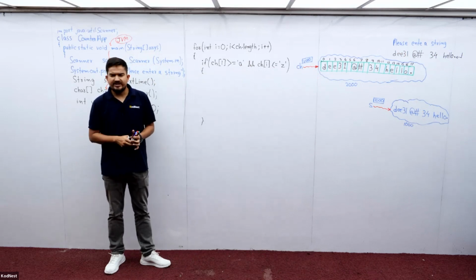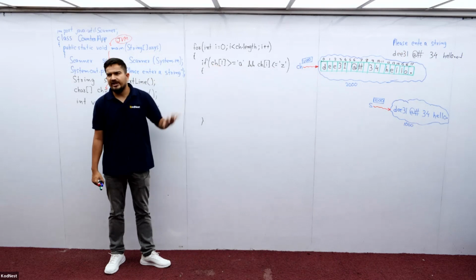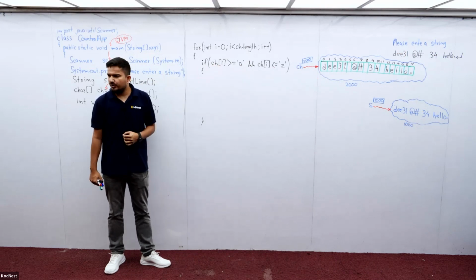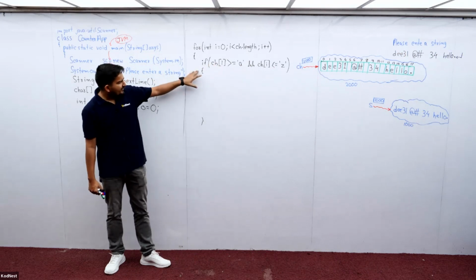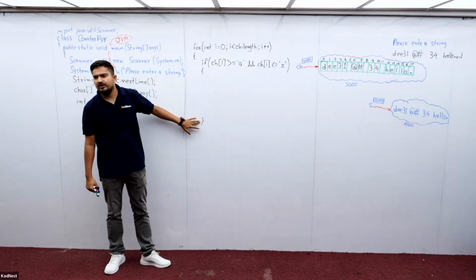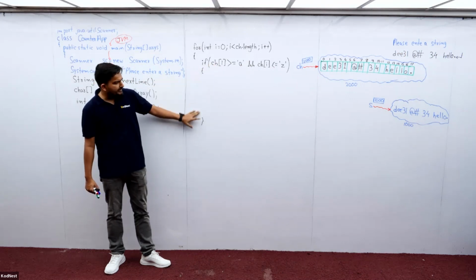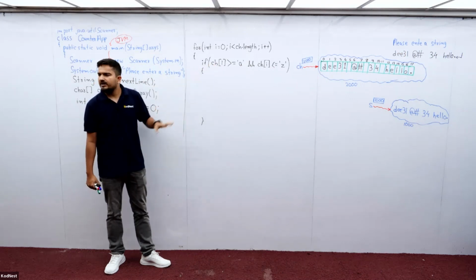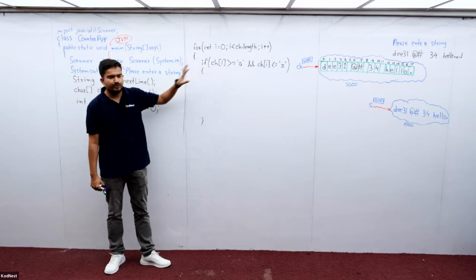We are simply checking whether the current character happens to be an alphabet or not. It is between A to Z or not. If it is between A to Z, now we can surely go ahead and check whether it is a vowel or a consonant. If something is coming in this particular block, it means that particular character happens to be an alphabet.